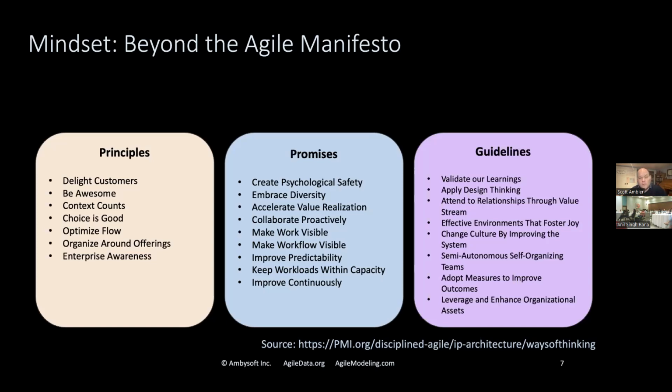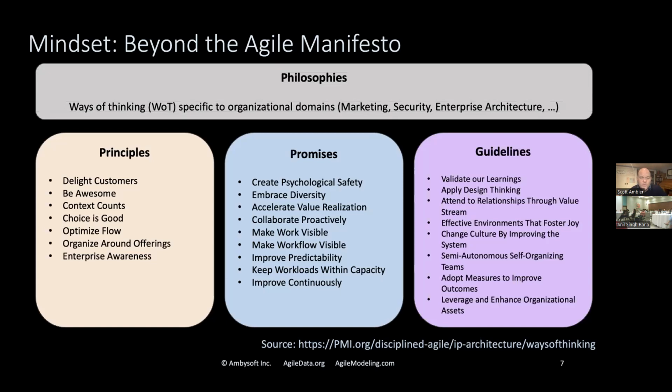So as a result, in Dismantle, we support domain-specific philosophies as well. So there's a collection of philosophies that are specific to finance. There's a collection of philosophies specific to marketing, and so on. So different groups in the organization will have different ways of looking at things. We need to embrace this. We also need to understand this.